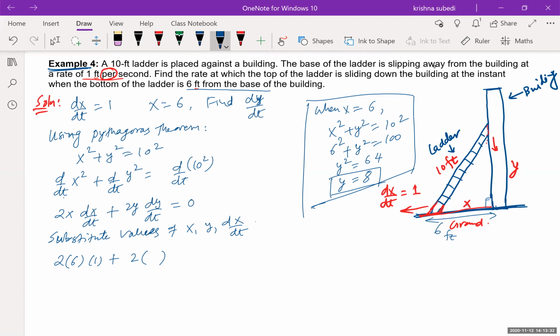So we got y is 8, and the equation becomes 16 dy over dt equals minus 12.